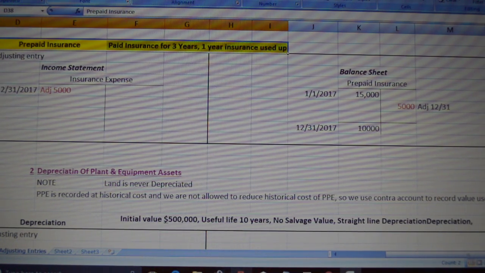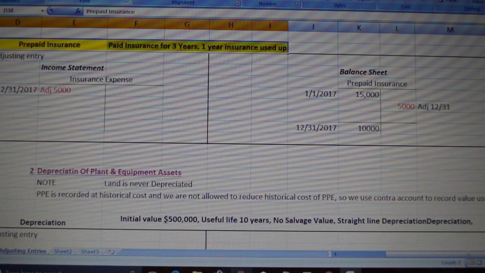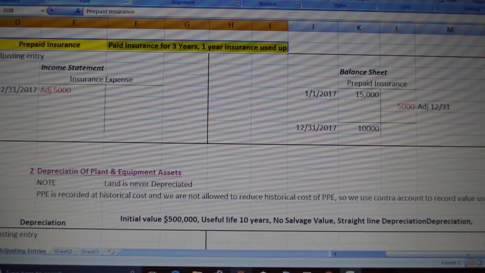Our third example is prepaid insurance. Same thing, we paid for the insurance for 3 years on January 1, 2017, and now it's December 31, 2017, and we have used the insurance for 1 year.